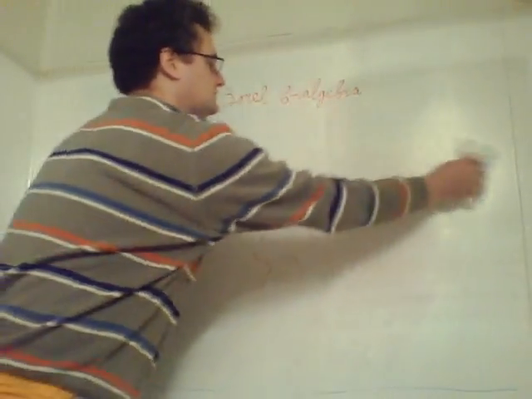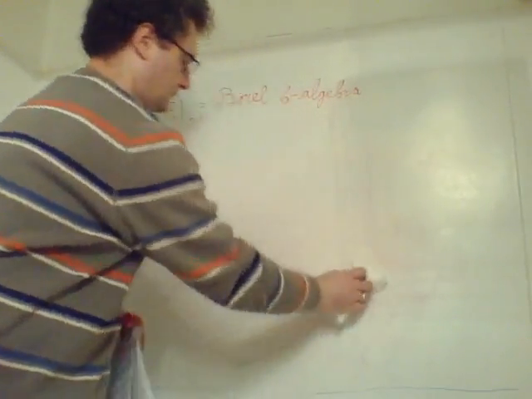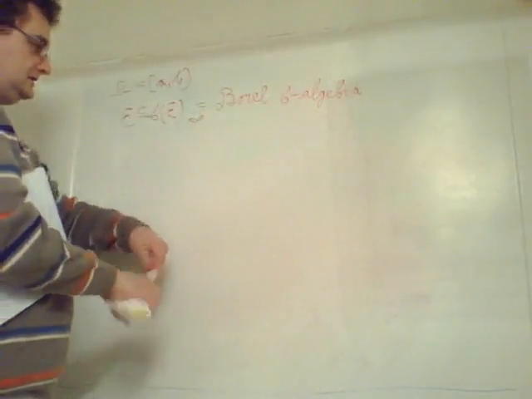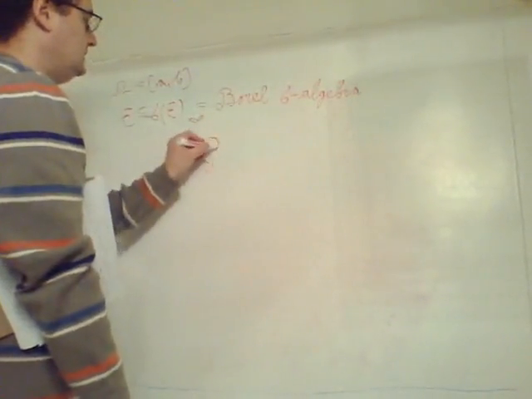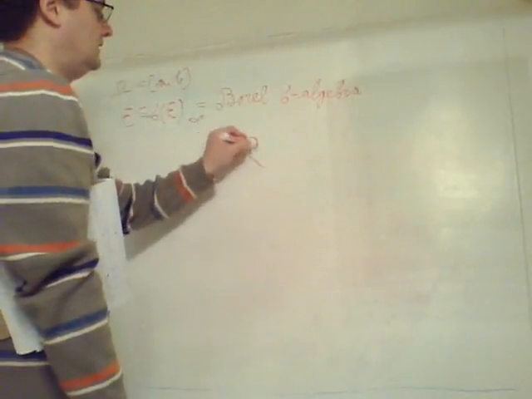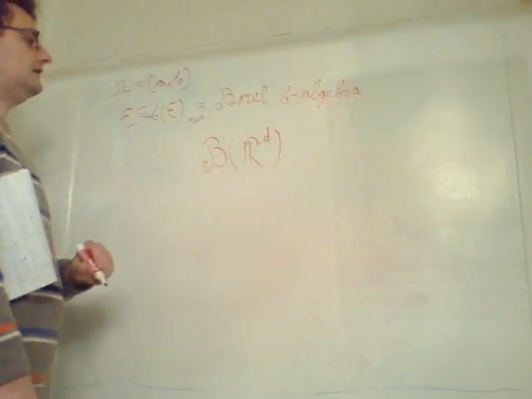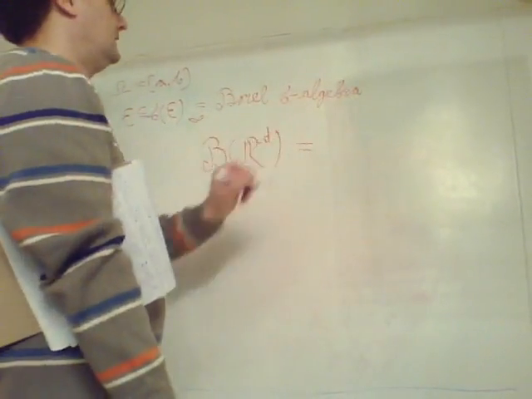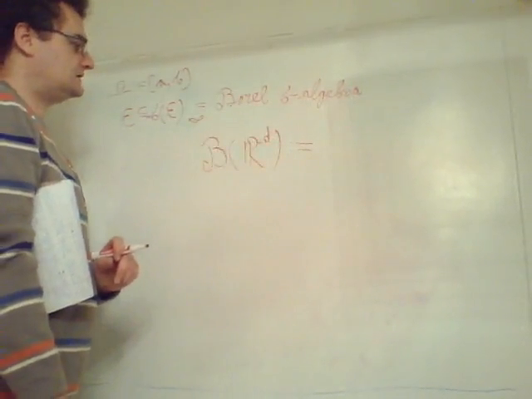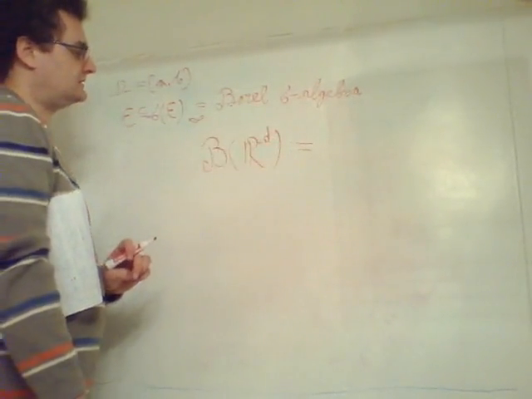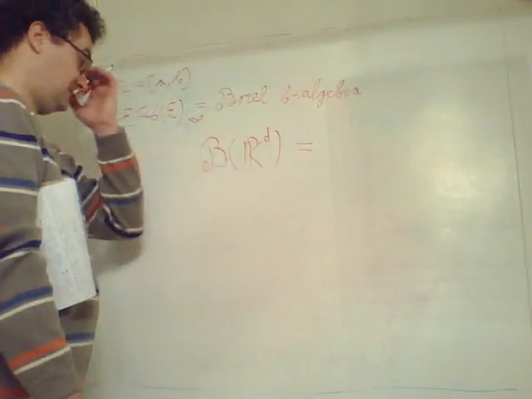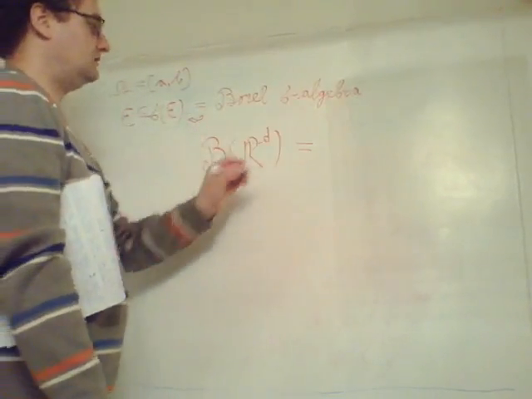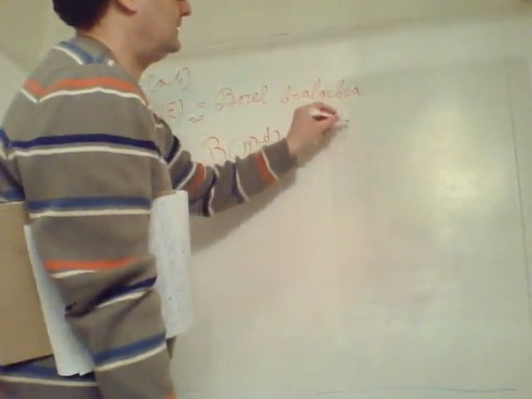All right. So very often the Borel sigma field in R^d is denoted by B of R^d. In our textbook, the Borel sigma field is denoted by script R to the d.